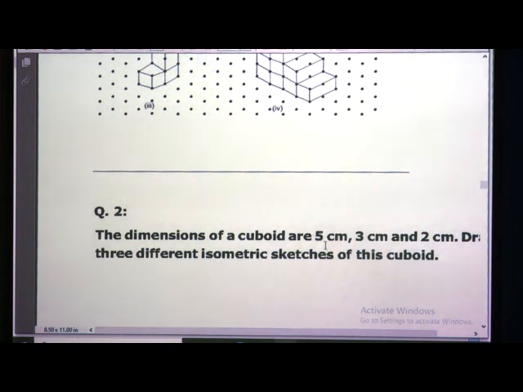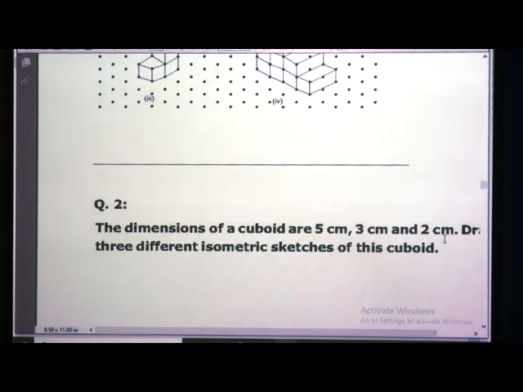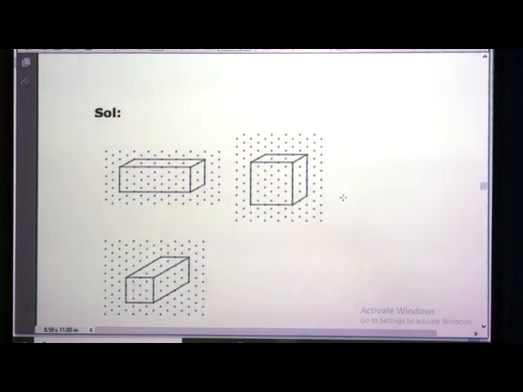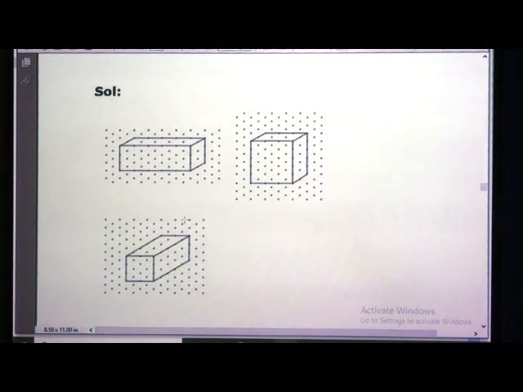So, here it is given to us as 5 centimeters, 3 centimeters and 2 centimeters. So, we will have all the 3 different types of cuboid by taking 5 centimeters, 3 centimeters and 2 centimeters. 2 centimeters means we are considering 2 dots, here 3 centimeters we are considering as 3 dots, and we have prepared 1 cuboid.